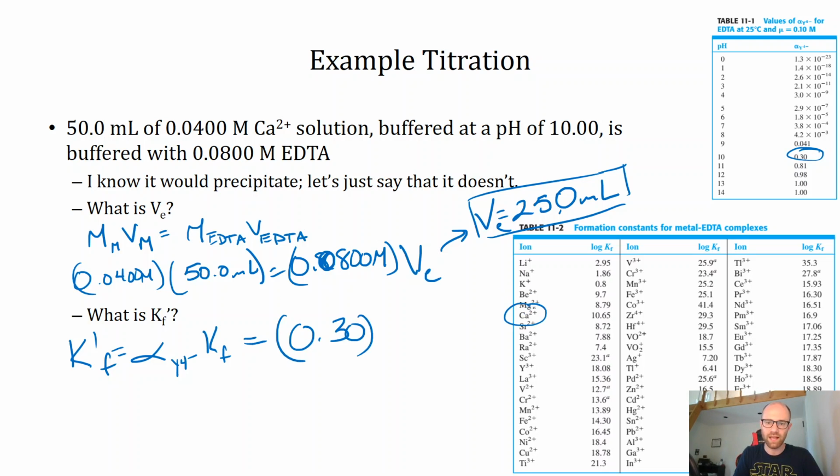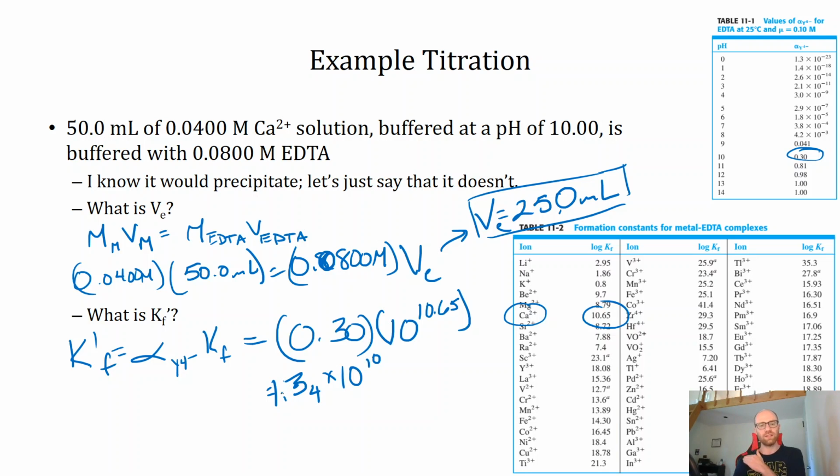Since we're dealing with calcium, the Kf is 10 to the 10.65, and when we multiply that, we get 1.34 times 10 to the 10th. So already this should really start to set the stage to say, I don't expect an acid-base titration, even though it looks like an acid-base titration.